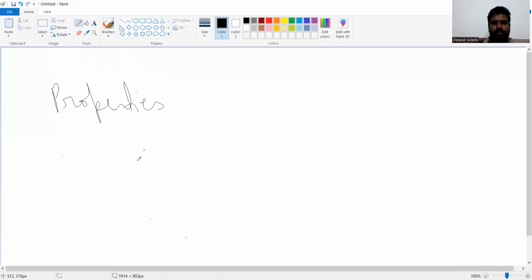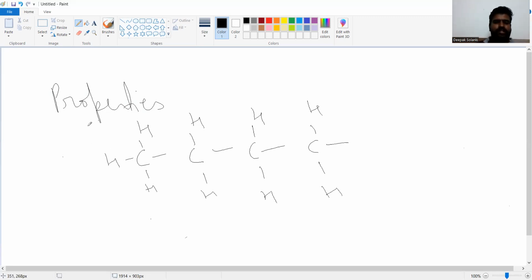Let's take an example. C, H. We know the carbon valency is 4, so we will fulfill the valency of carbon. Now it is a straight chain. So the elements are all carbon. We cannot take another element like oxygen.